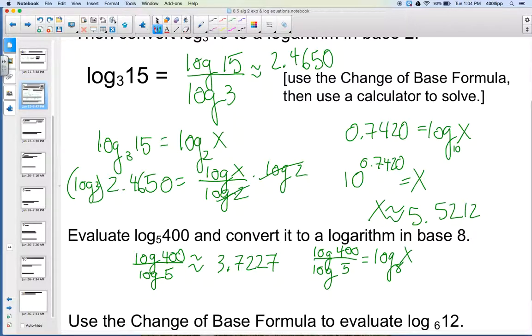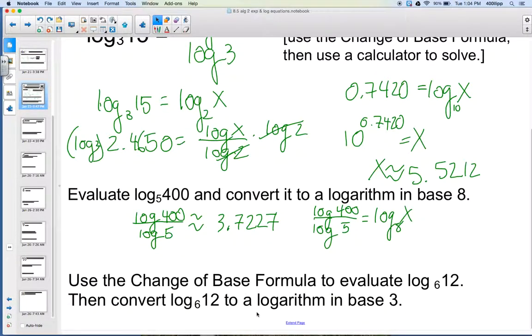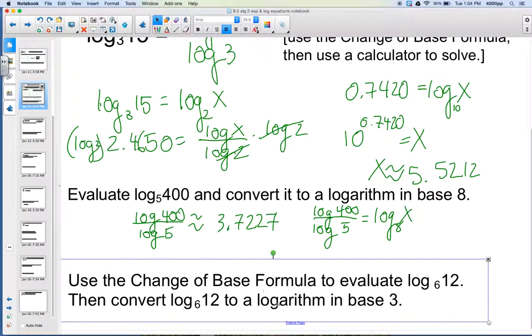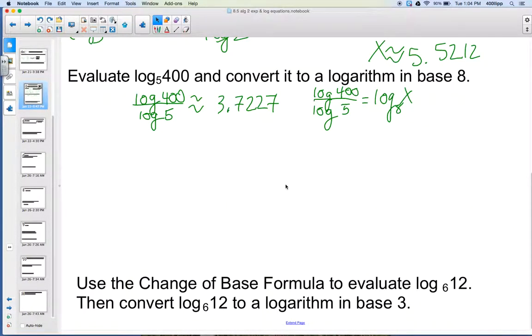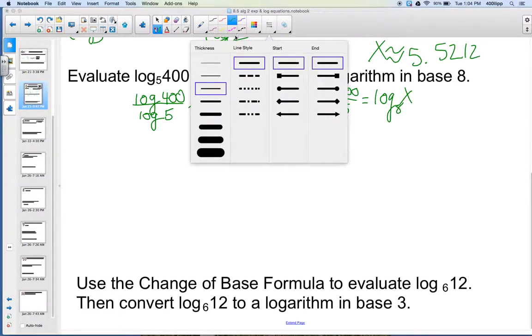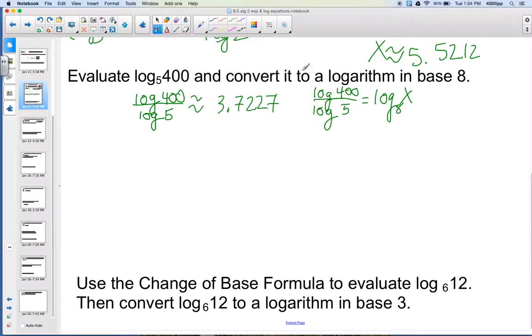We just found what that was, so this is 3.7227, but don't clear that out of your calculator, and that's equal to log base 8 of x.